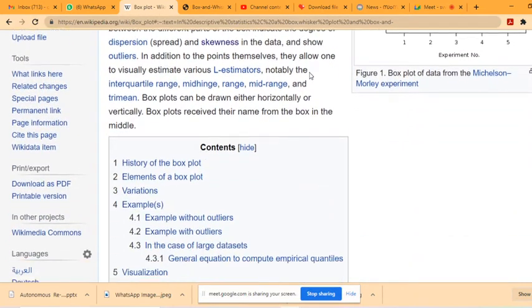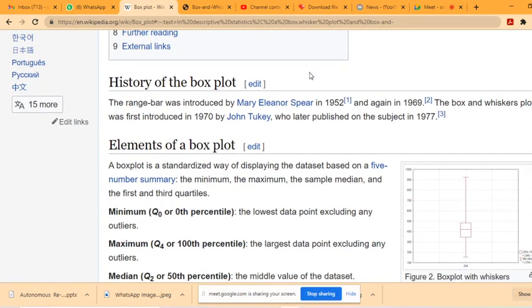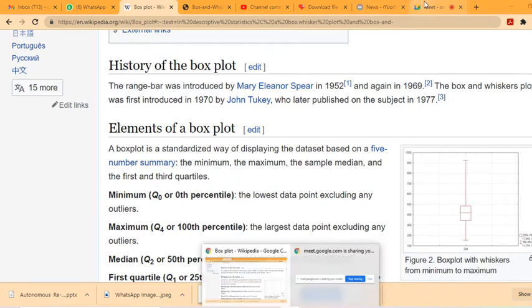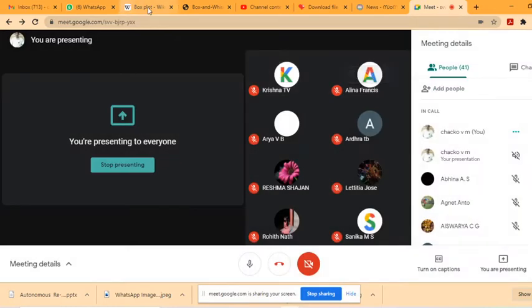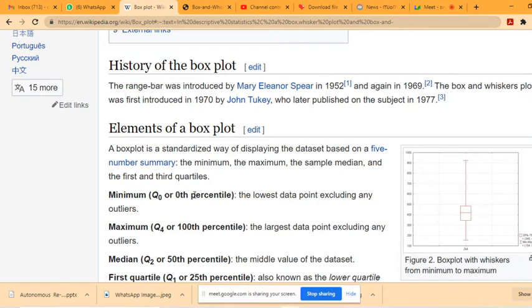Okay, so a box plot is a standardized way of displaying a data set based on the 5 number summary. That is minimum, maximum, sample median, and the first and third quartiles.